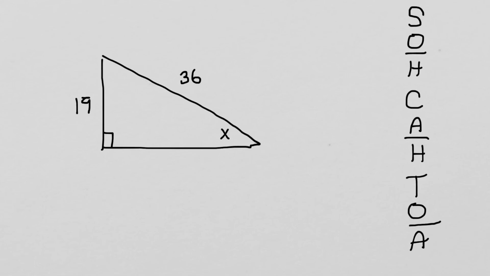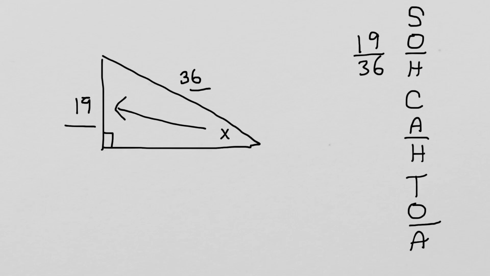This will be our last problem. We've got an x down in the right-hand corner. That's the angle that we want to find, in degrees. So let's see what we've got as far as identity. We've got opposite, a 19, and for hypotenuse we've got 36. So opposite and hypotenuse. We know we're going to use the sine function. There's my opposite over my hypotenuse.